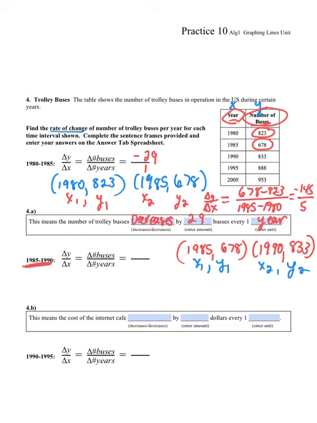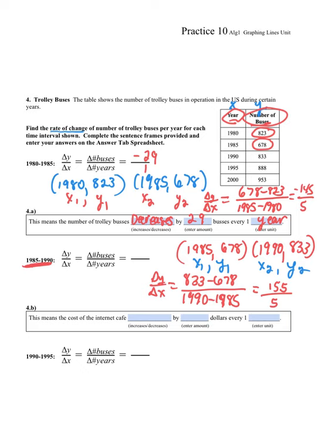So then we're going to do the change in y over the change in x, which is 833 minus 678 over 1990 minus 1985. And when we subtract the top, we're going to get 155 over 5.